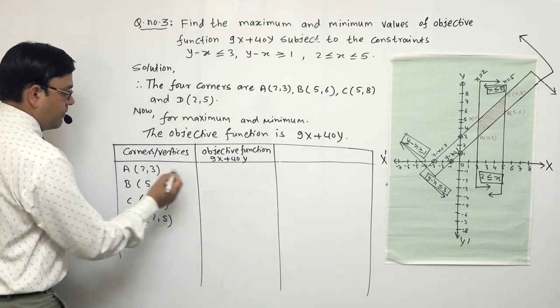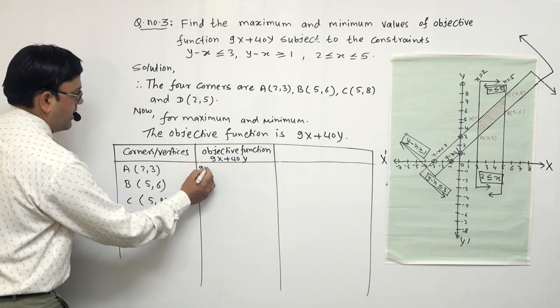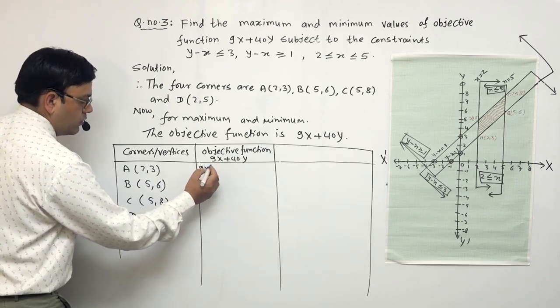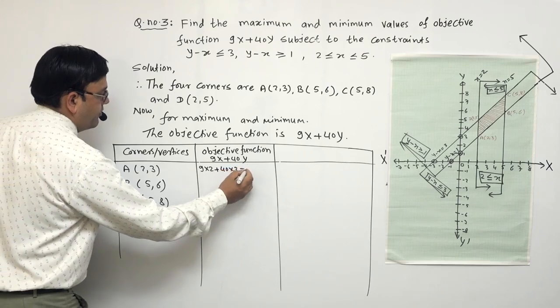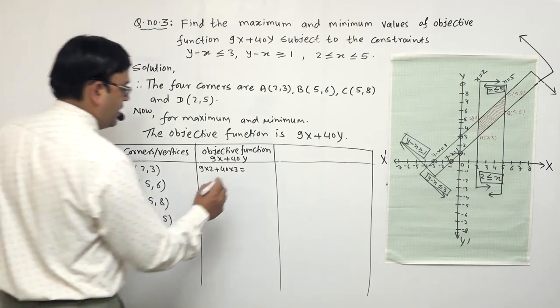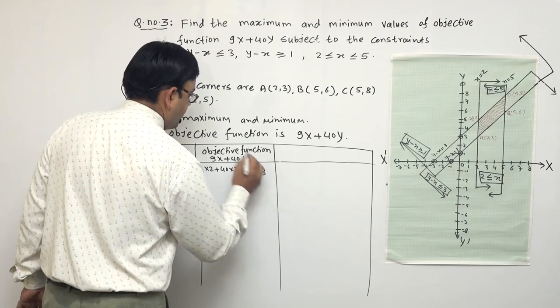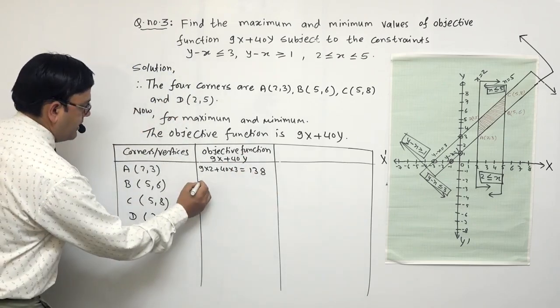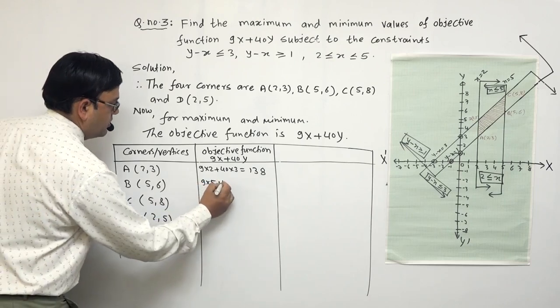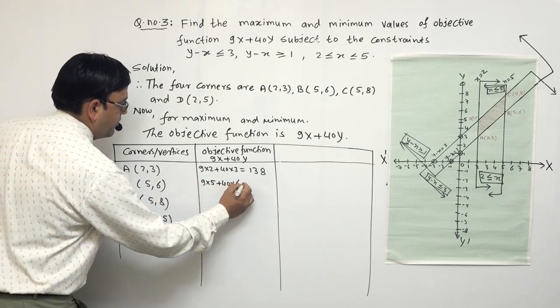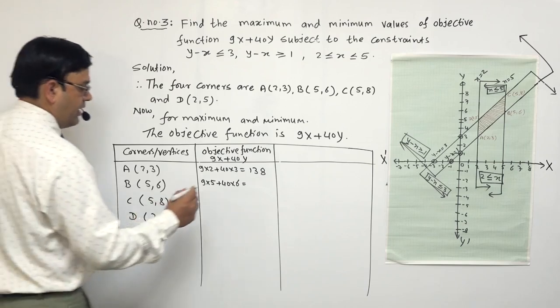So let's put the value 9 times 2, x means 2. 9 times 2 plus 40 times 3 is equals to 138. Similarly, we have another one. 9 times x means 5 plus 40 times 6 is equal to 285.